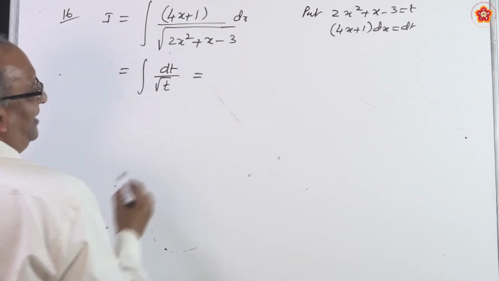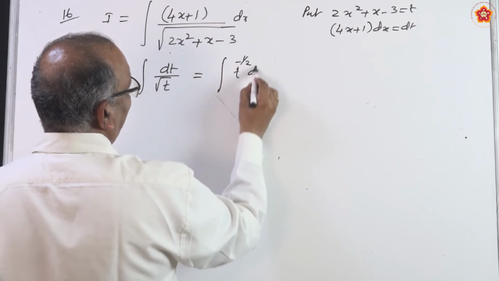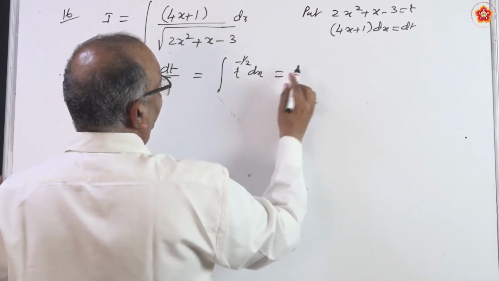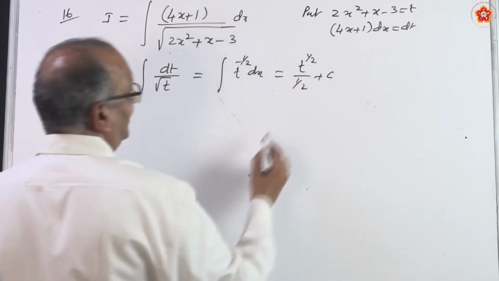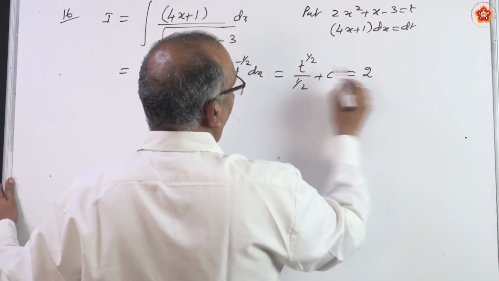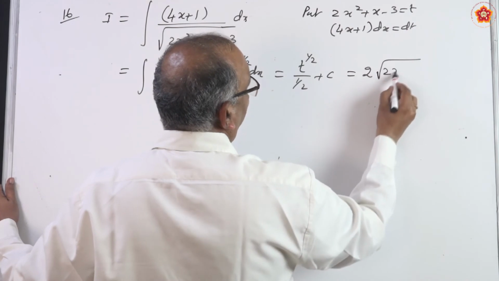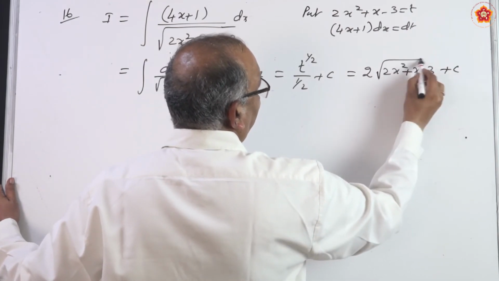What is the integral of 1 by root t? T to the power minus half, integral is t to the power half by 1 by 2, plus c. In other terms, it is 2 under root of t. What is t? 2x square plus x minus 3, plus c.